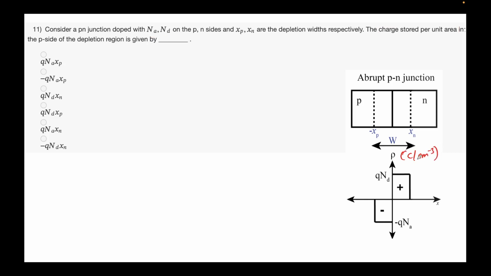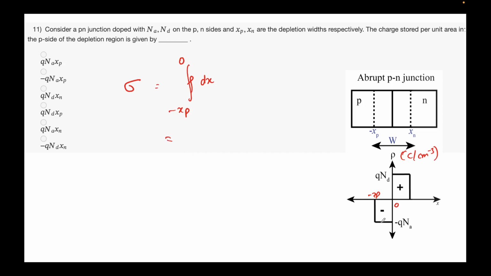If you want the charge per unit area, let's say I'll denote it by sigma. That's nothing but the integration of rho dx from, we are interested only in the p side, so from minus xp to 0.